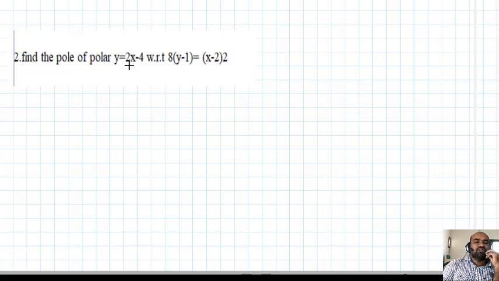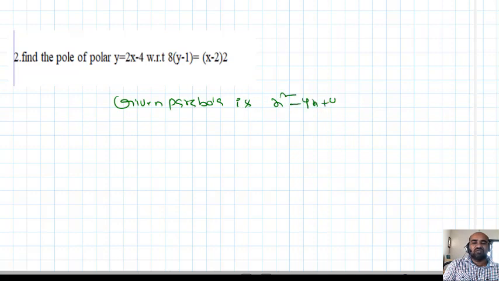Find the pole of this polar for this parabola. First of all, I want to write the given parabola: x square minus 4x plus 4 minus 8y plus 8 equal to 0, or x square minus 4x minus 8y plus 12 equal to 0.